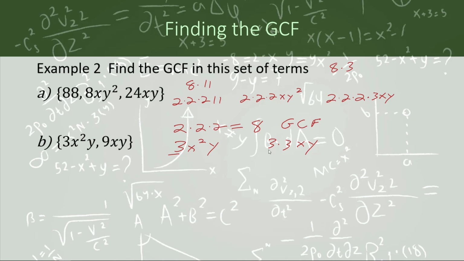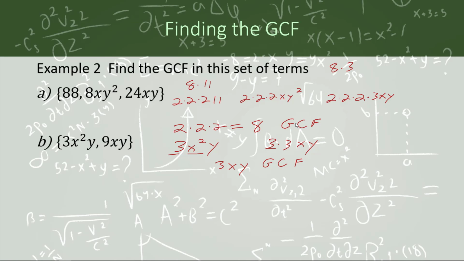Notice that each term has a 3, so we write a 3 down. Notice that each term has an x, so we write an x down, and each term has a y, so we write a y down. Now the first term has 2 x's. The second term only has 1 x, so there's only 1 x in common, and both terms have exactly 1 y. For step 4, there's nothing to multiply, so this right here is our greatest common factor.